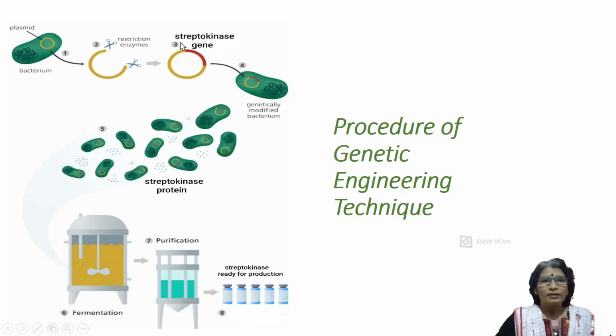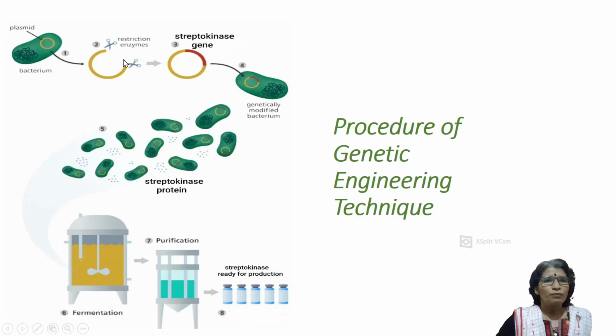Then here you have to select particularly the streptokinase gene. Here our ambition is to produce the streptokinase enzyme in industry. Each gene is responsible for one activity. Here this gene is responsible for the production of streptokinase. We have to isolate this streptokinase gene from the Streptococcus bacteria, and this gene is inserted into the plasmid.